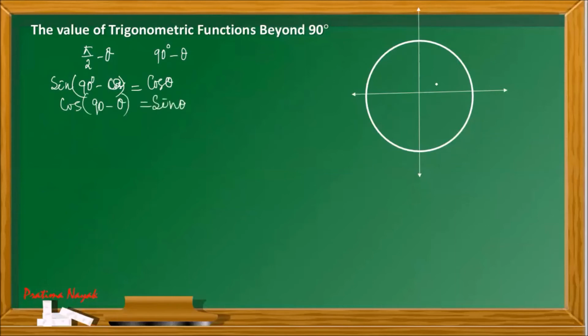Because when you are getting 90 minus theta, which quadrant are you in? First quadrant only. So in the first quadrant, all are positive.